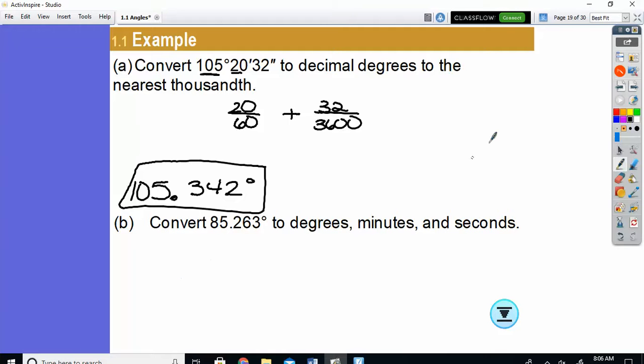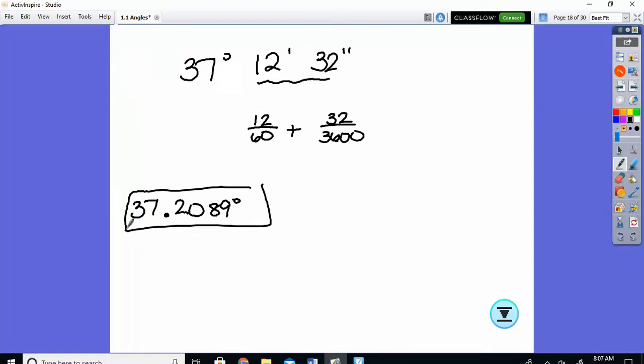Okay, let's talk about going the other way. So if I started with this decimal and I wanted to convert it into minutes and seconds. If you think about how I got my decimal, I took my minutes and divided by 60. So the opposite of dividing by 60 would be multiplying. So you will start out, the degree part isn't going to change, so it's still the 37 degrees.